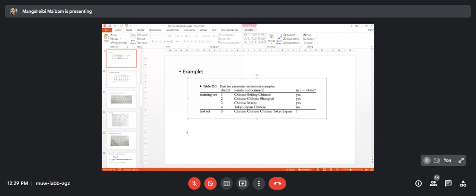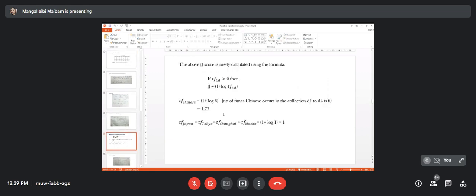So this is the Chinese term frequency, not the document frequency. For Chinese the document frequency is 4, but for the term frequency, even if it is repeated, you have to count the frequency. So the term frequency is 6. That's why I am writing log 6: 1 plus log 6, where 6 is the number of times Chinese occurs in the collection D1 to D4.